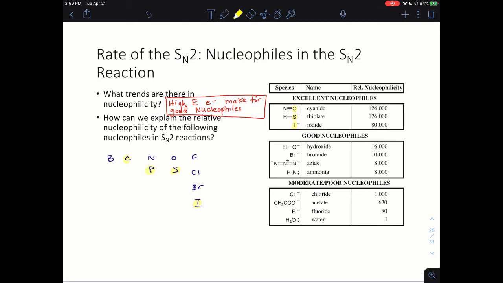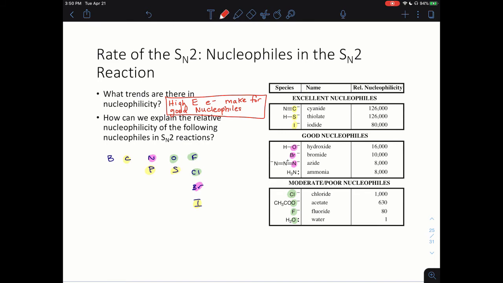Now, the good nucleophiles seem to be based in oxygen, bromine, nitrogen. And then our poor nucleophiles, where oxygen is also there, right? So chlorine, oxygen, fluorine, oxygen. Hey, look, it looks like oxygen is actually more of a poor nucleophile. So we're going to change that. Why not? Okay, what do we see here?